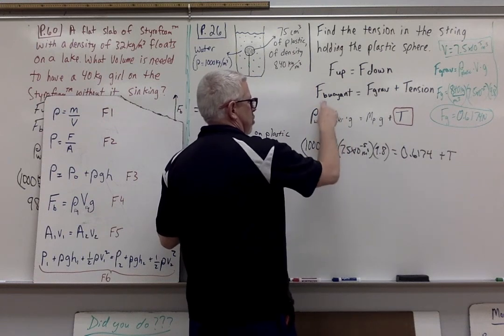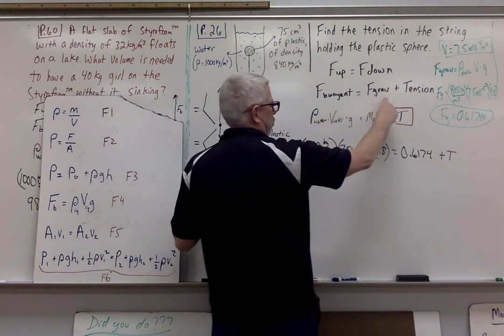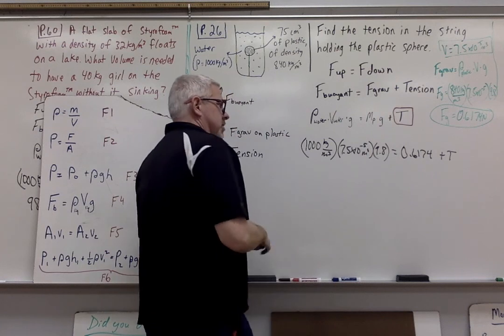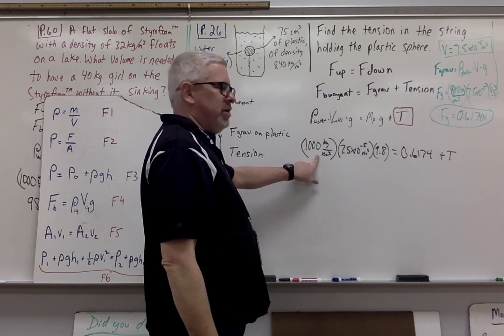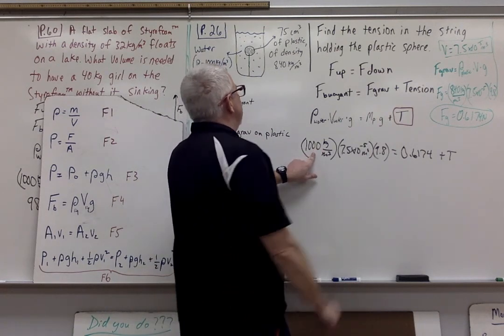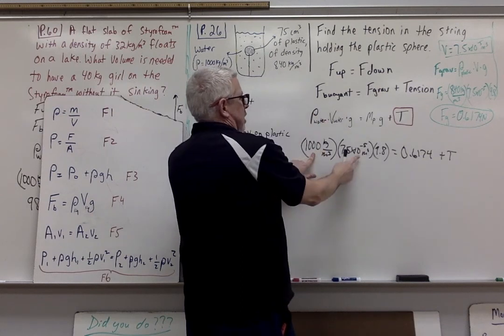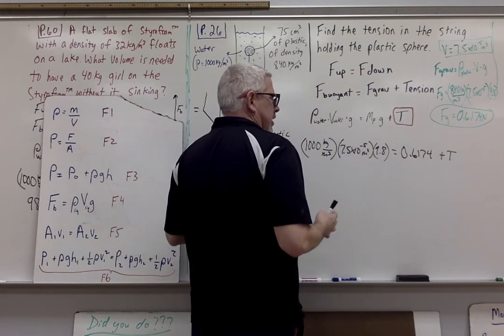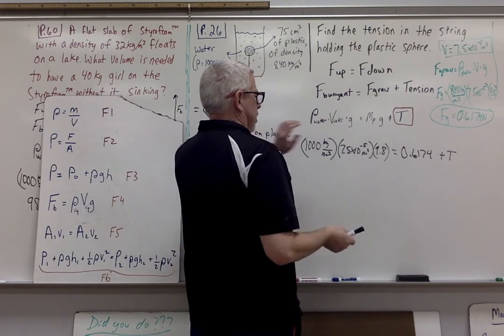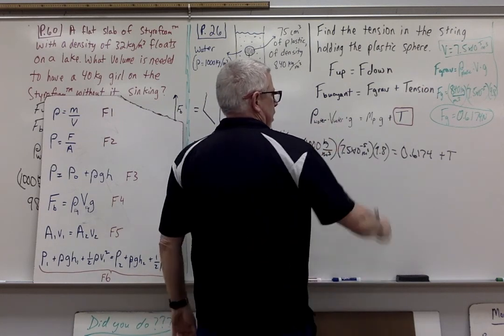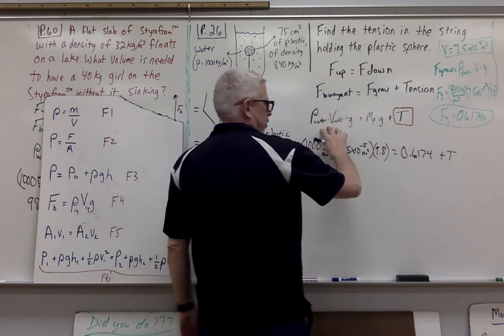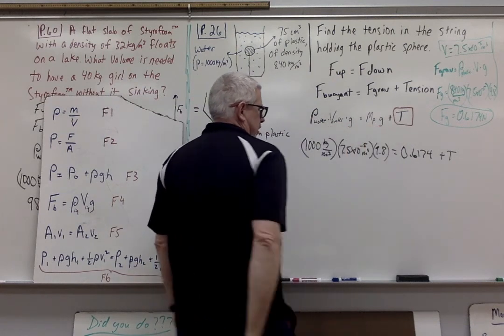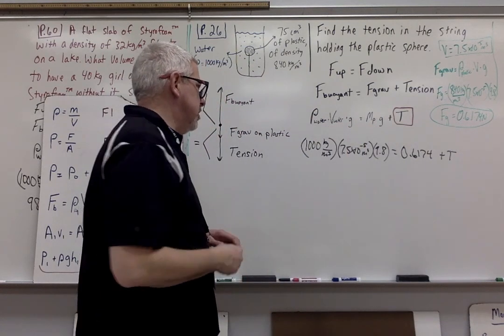Now notice the way that I did this, I wish I just would have made more space. This is rho Vg for water, this is rho Vg for plastic. So essentially, if I did the difference in densities, 1,000 minus 840 times that, that would end up being the tension force, because this is force upward caused by the buoyant force of the water. This is the force downward caused by the gravitational pull, and tension's the difference.